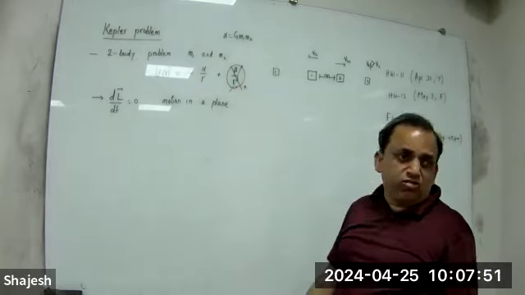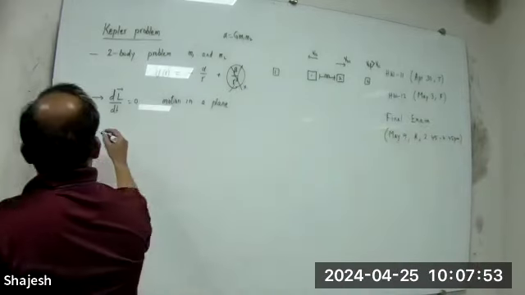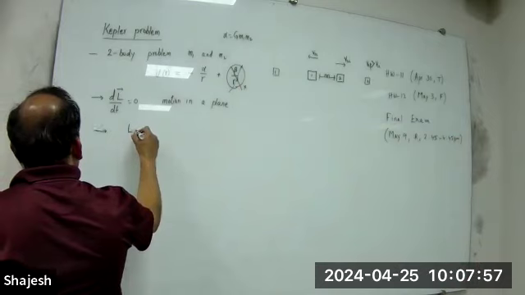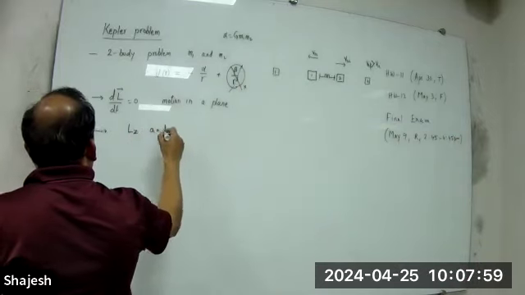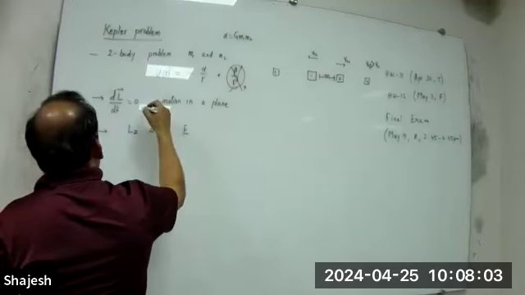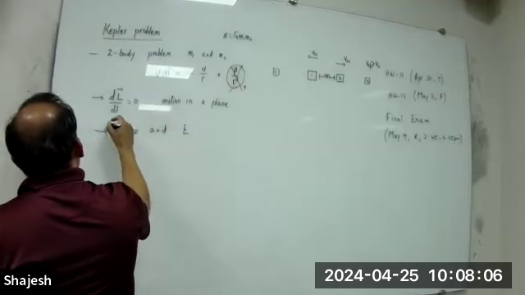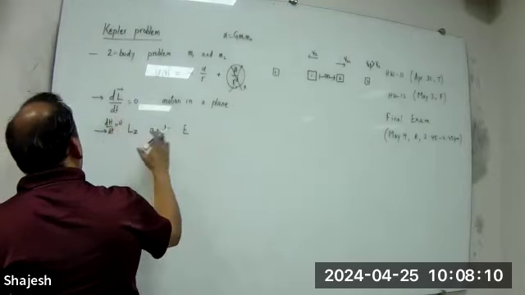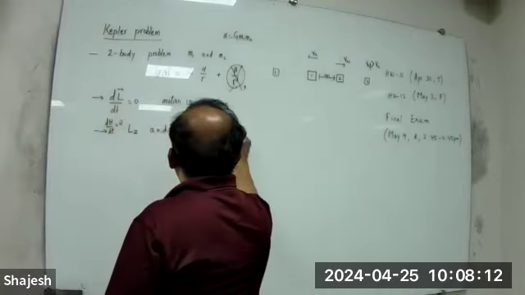And energy has to be conserved. So we have Lz conserved and the total energy E conserved, dH by dt is equal to 0. So Lz and E are conserved.